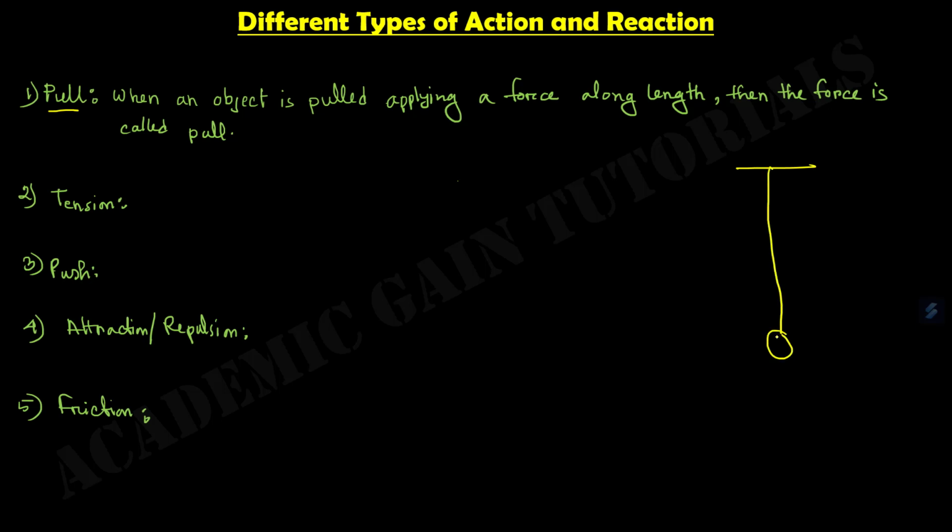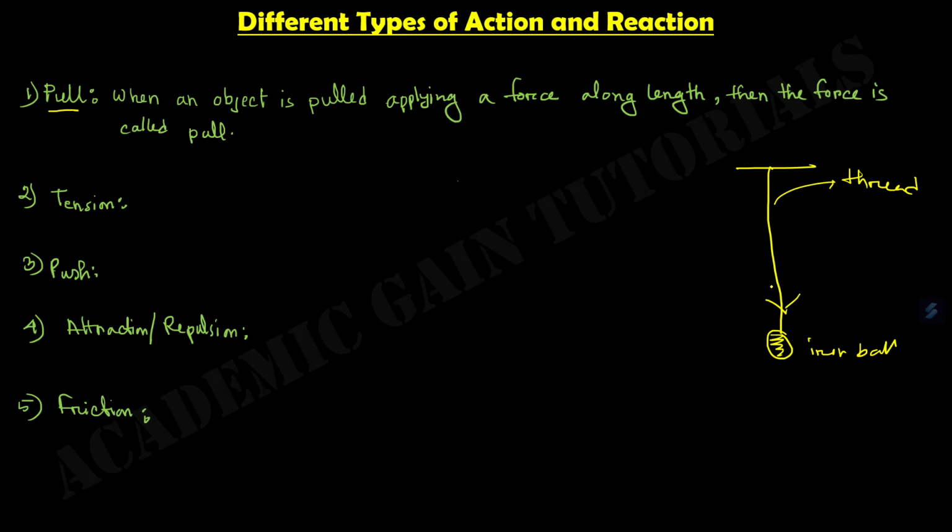So this is a thread and this is an iron ball. If an iron ball is fastened with a thread, then the ball pulls the thread downwards.